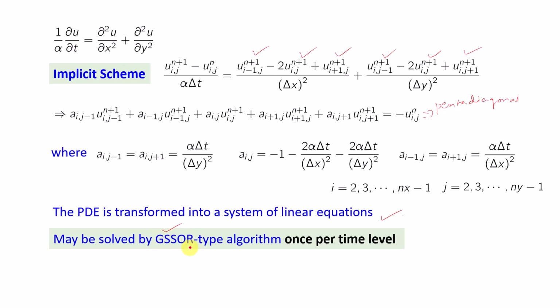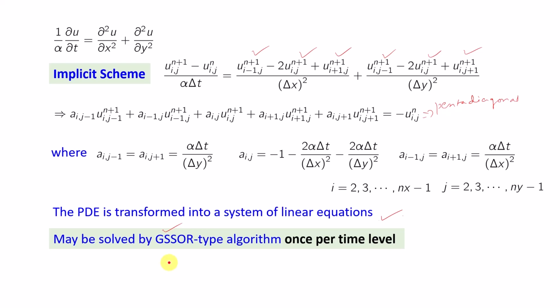In the previous problem of steady conduction, we were solving Gauss-Seidel only once, and that was it. But here, starting from initial time n equals 0, to find u at time level 1 you have to solve Gauss-Seidel. Then from 1 to 2, again you have to solve Gauss-Seidel. And you have to keep on solving this. So Gauss-Seidel has to be solved many times, and this is not a very forgiving algorithm.